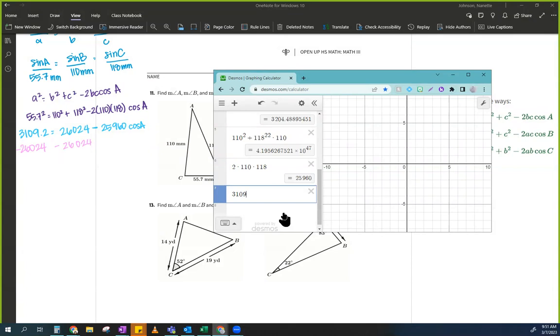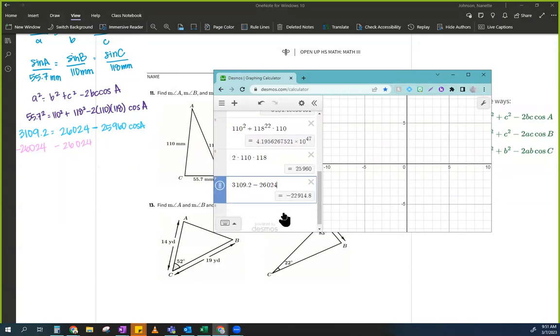So 3109.2 minus 26024 is negative, which doesn't surprise me, negative 22914.8 equals negative 25,960 cosine A's, right? So then I'm going to divide by negative 25,960.